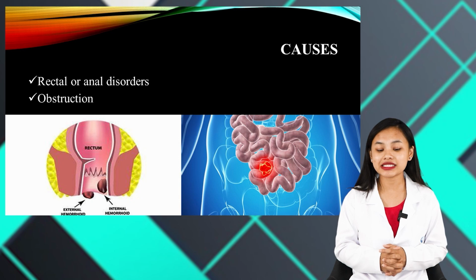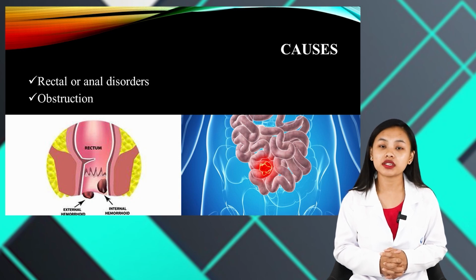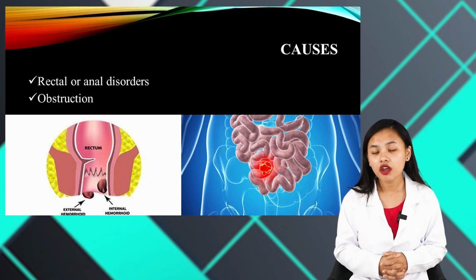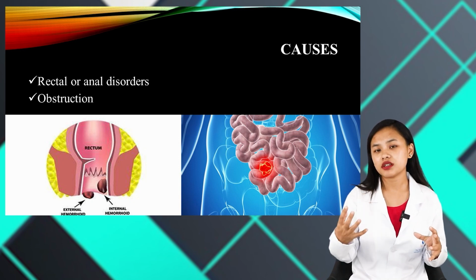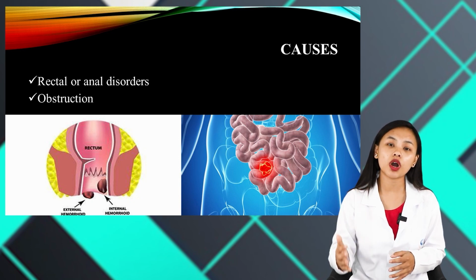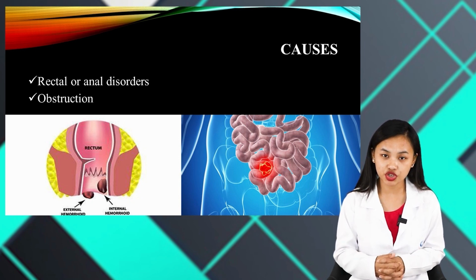The third is rectal or anal disorders. If a person is suffering from any rectal or anal disorders such as hemorrhoids, then this can also lead one to suffer from constipation.